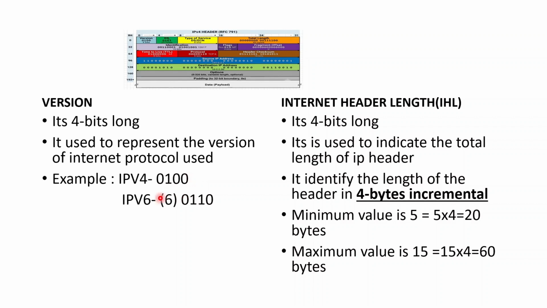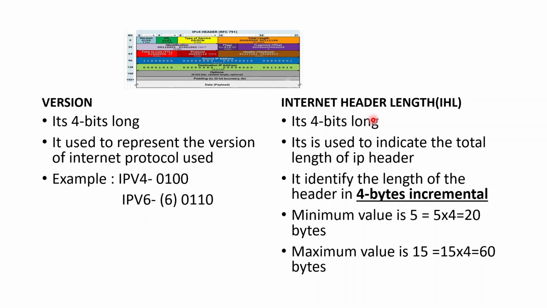And you may also find IP version 6, which is represented by the binary bits 0110, or the number 6. However, whenever you see the 6 used together with these binary bits, the entire header is going to change, because the IP version 6 header is quite different from the IP version 4 header.